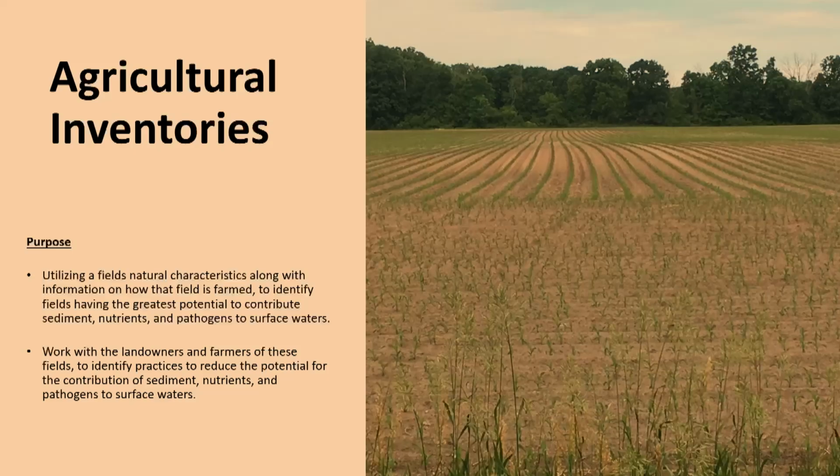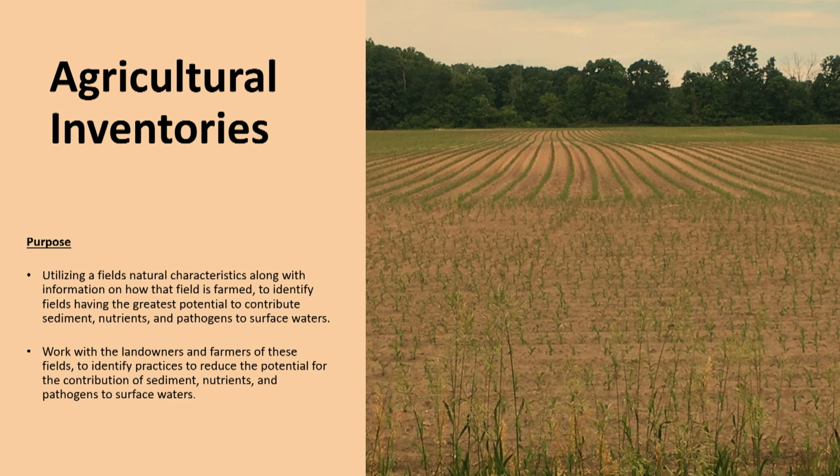So what we developed was this agricultural inventory process. The purpose of the process is basically two things. Number one, utilizing the natural landscape. What are the natural characteristics out there on these farm fields, at these farm operations? And then how are those fields being farmed?